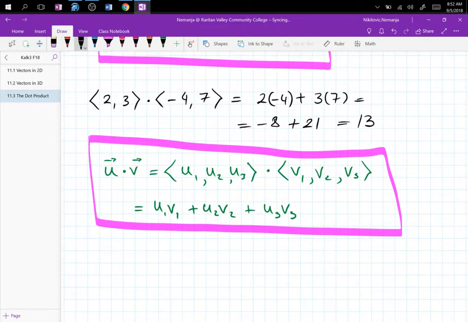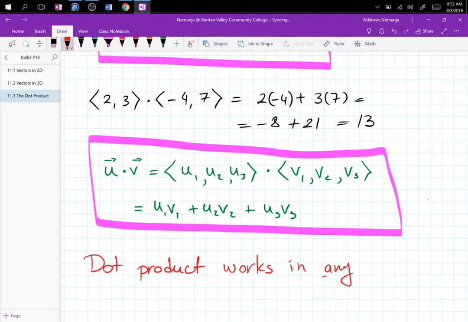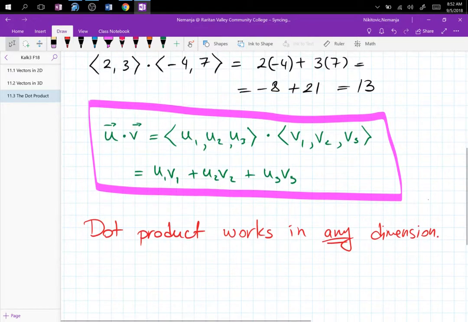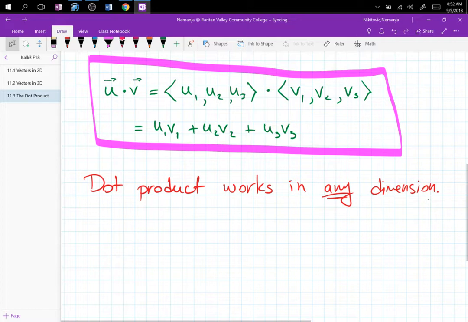So the dot product works in any dimension, and the product is always a scalar quantity.